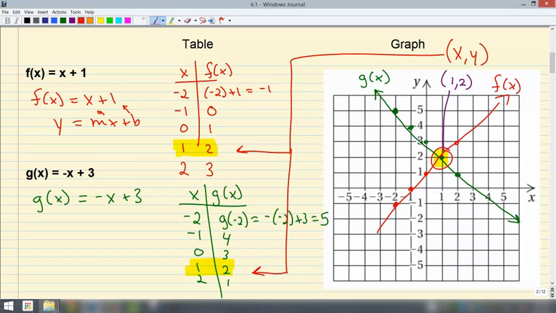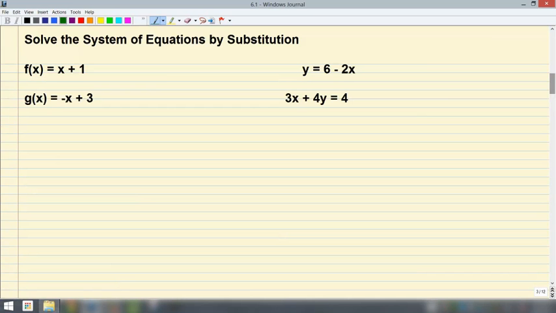In other words, the x coordinate from the red function equals the x coordinate from the green function, and the y coordinate from the red function equals the y coordinate from the green function. This is important. It's saying that the x's in both equations are the same and the y's in both equations are the same. So we're going to use that to our advantage in this example.